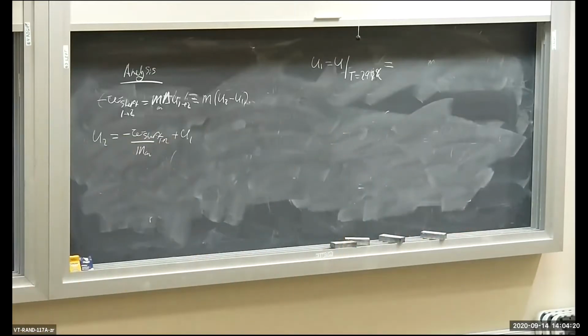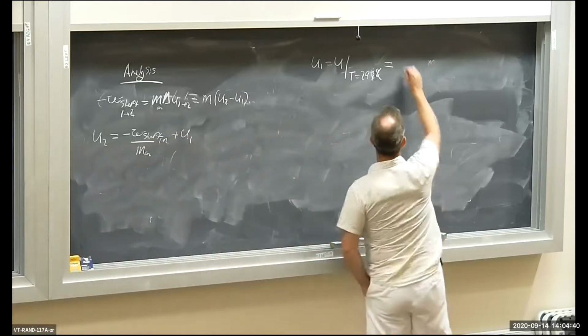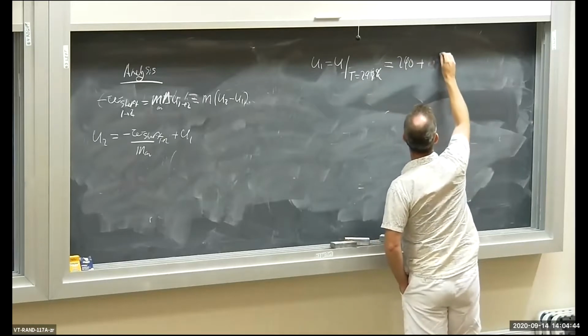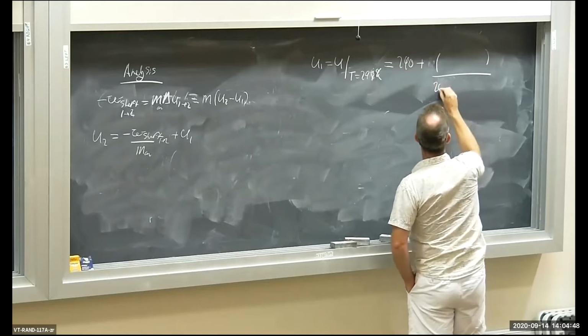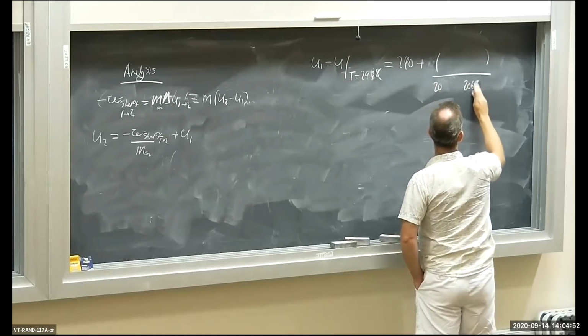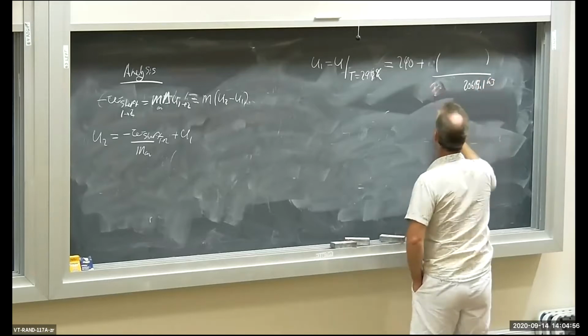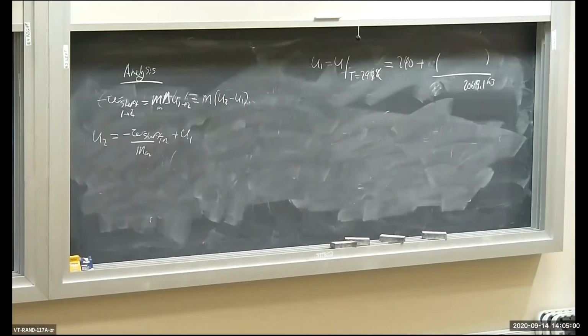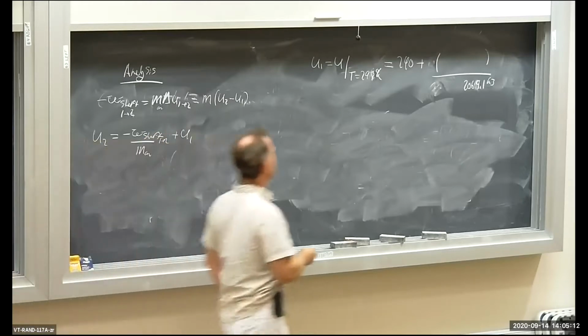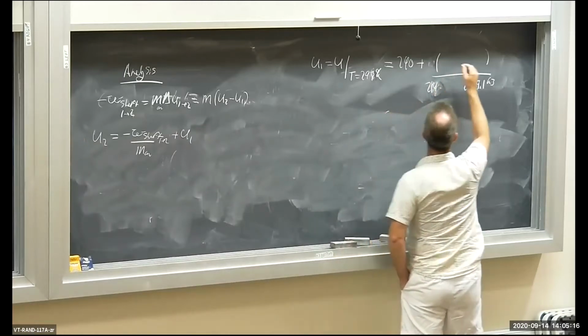Let me take my reference, my base temperature and internal energy at 290, corresponding to 206.91 kilojoules per kilogram, and then the upper value is 214 at 300.